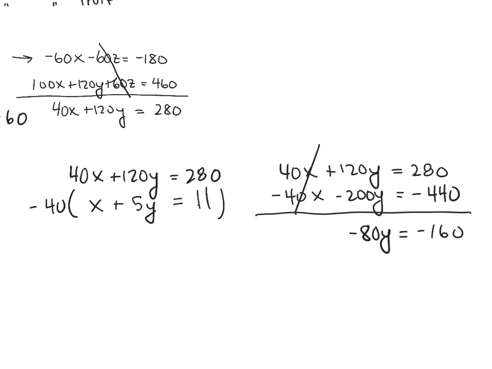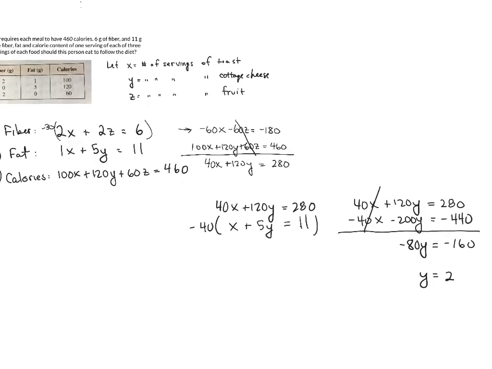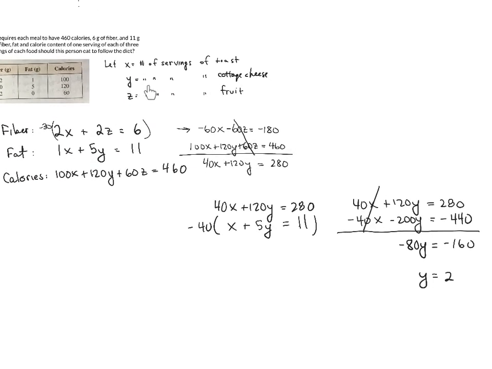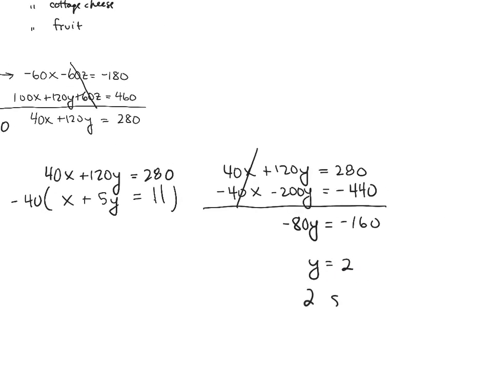Divide by negative 80, and we get y equals 2. And remember the way that we defined y. Y is the number of servings of cottage cheese. So according to this, if y equals 2, that means 2 servings of cottage cheese.